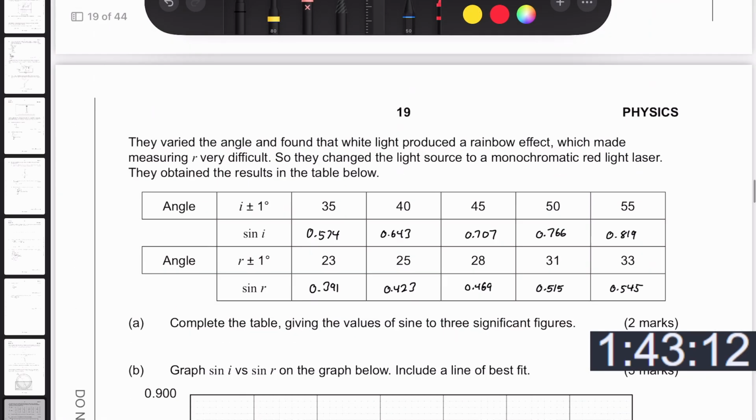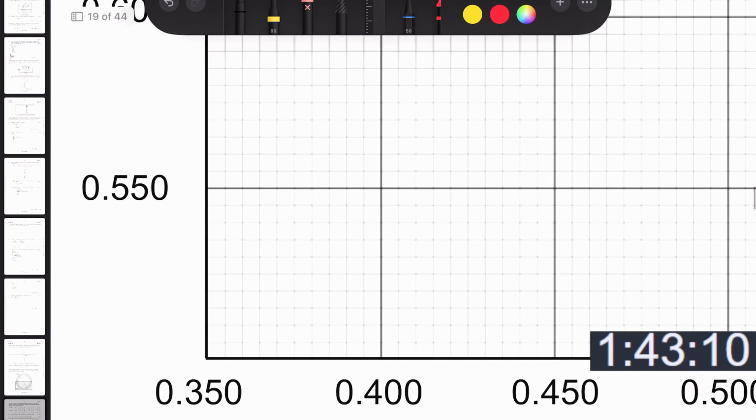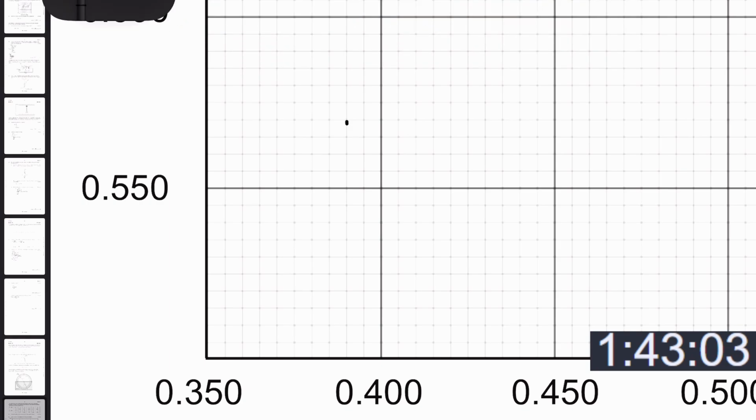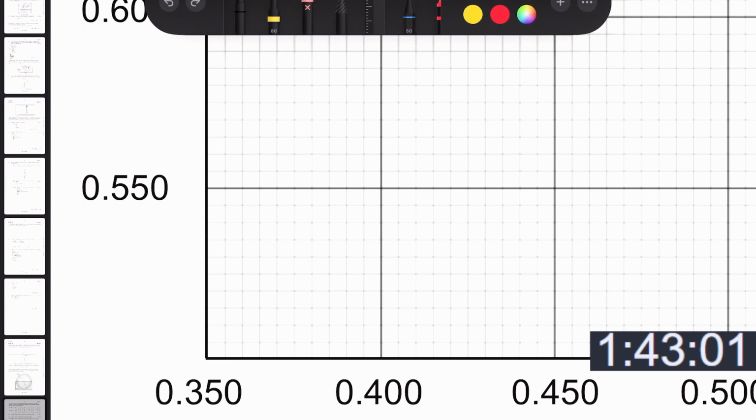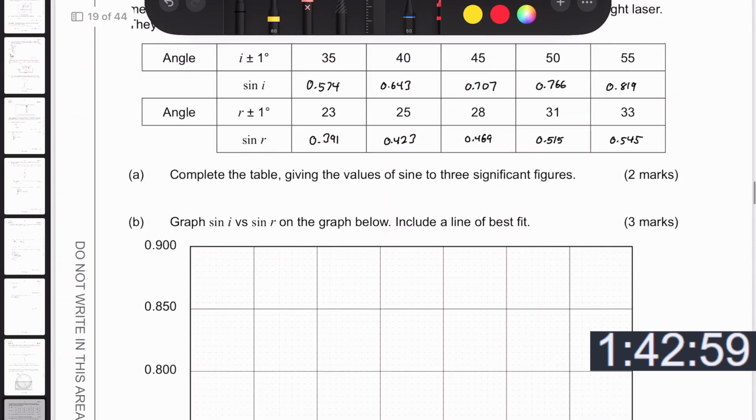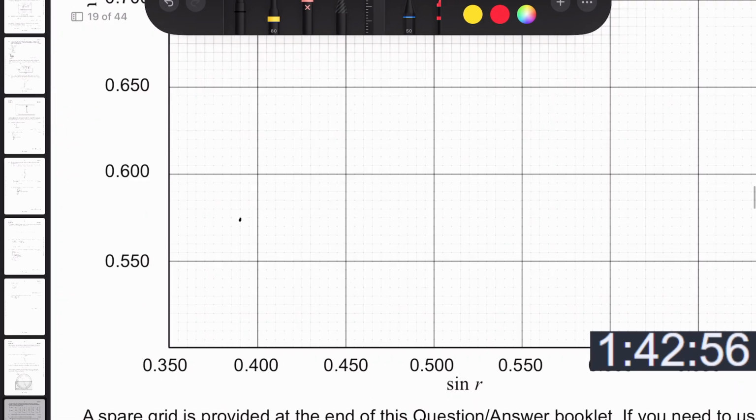And this is 0.91, so 0.91, and then 0.74. So 0.674. Come on now. There we go.